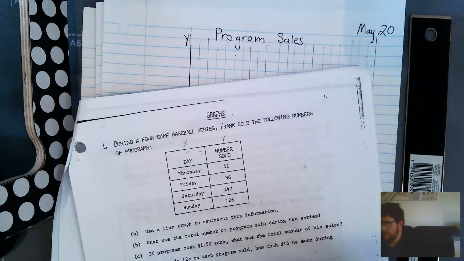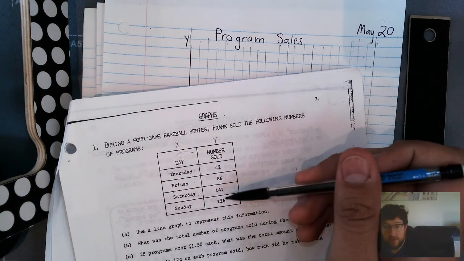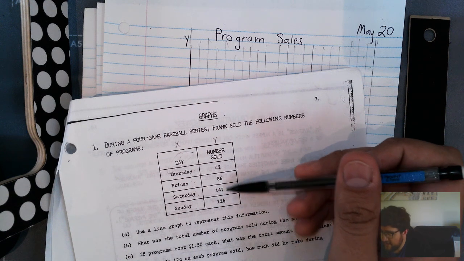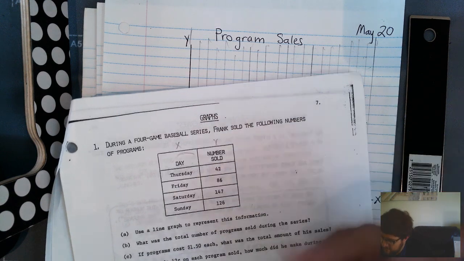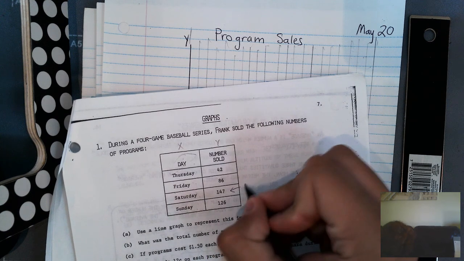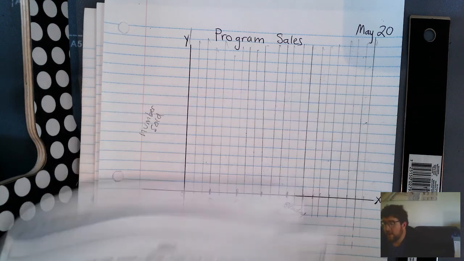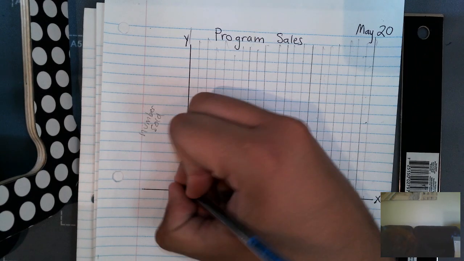So if I count up by 10, 10, 20, 30, 40, 50, 60, 70, 80, 90, 100. If I have 15, I should go up to 150, which is just a little bit above this, and then we'll be able to graph a little bit better. Let's see if I got enough. So there's 10.